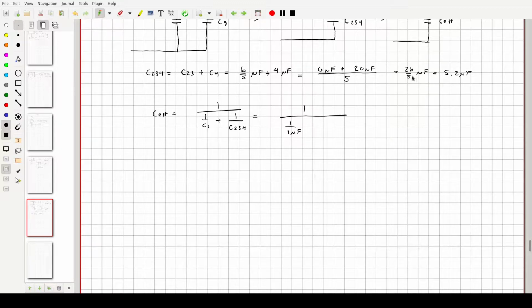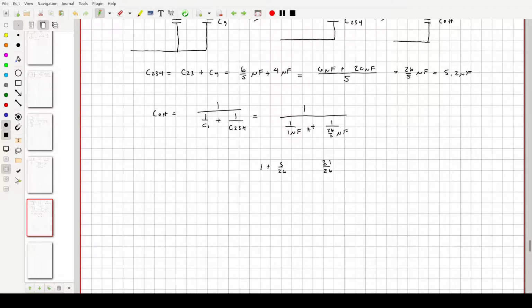Let's see. I'll go ahead and do the 26 fifths representation. So the reason why is because 26 fifths is going to become 5/26. So you'll have 1 plus 5/26. This would be 26 over 26. 26 plus 5, 29. Or actually 31. 31/26.